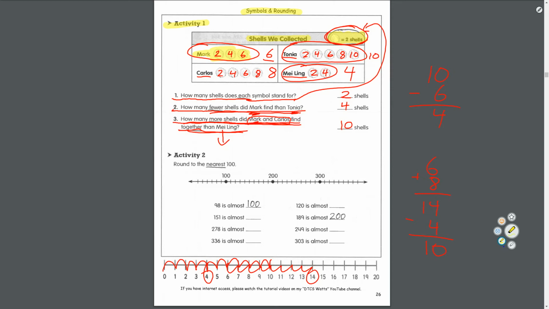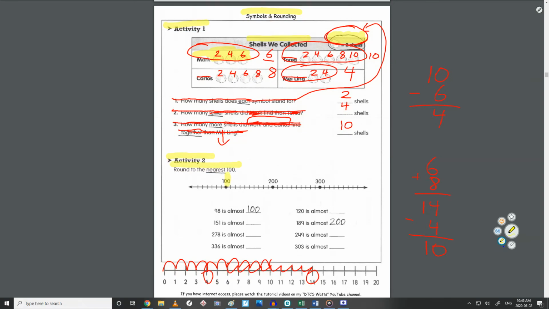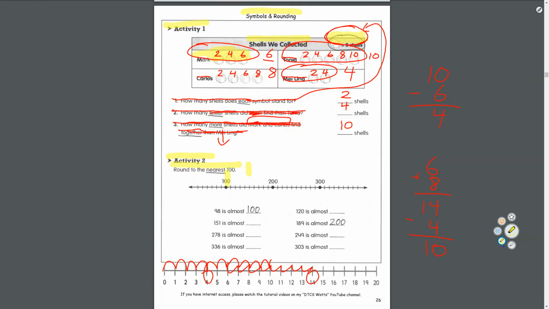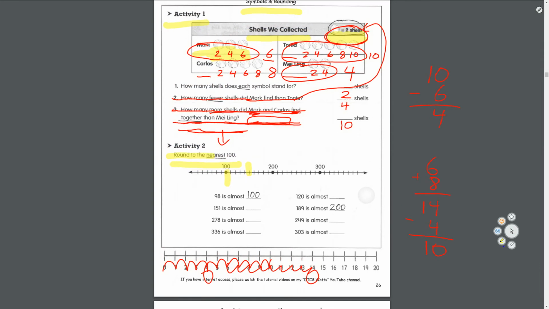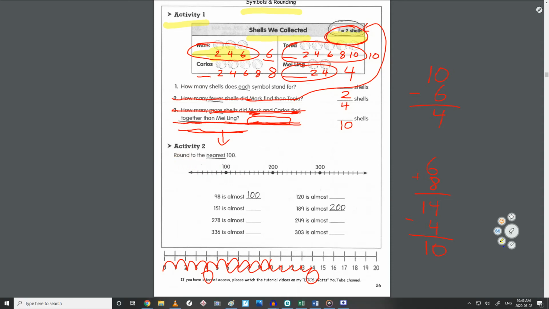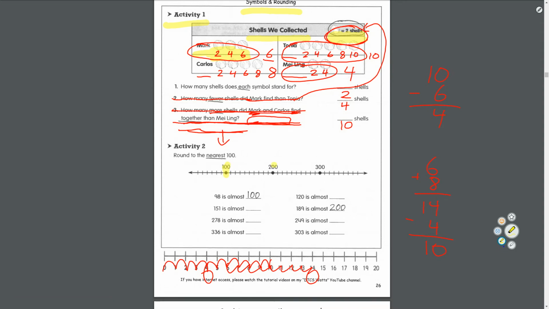Okay. Activity 2. Round to the nearest hundred. Okay, so rounding to the nearest hundred, we see 100, 200, 300.